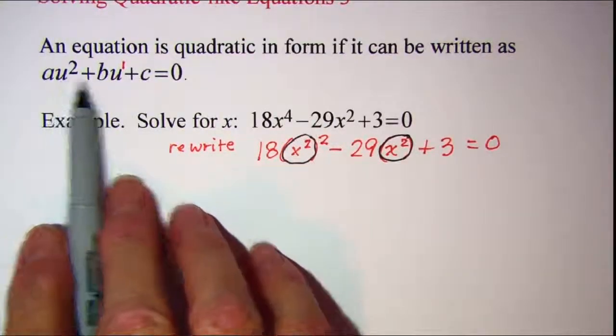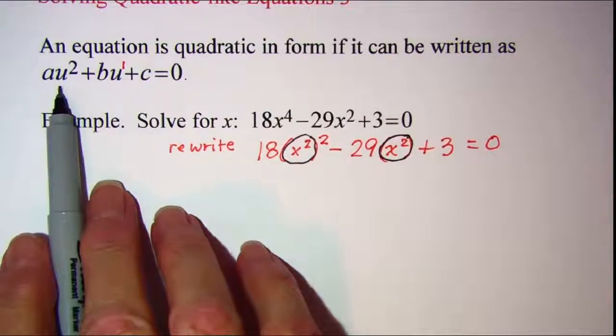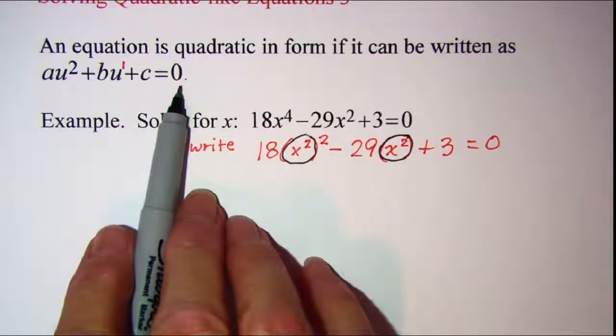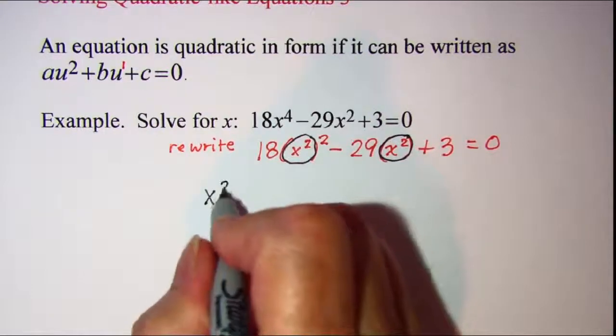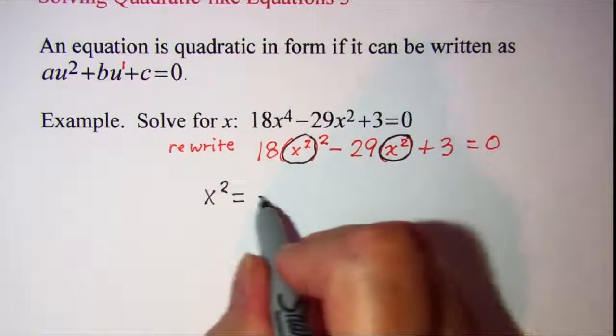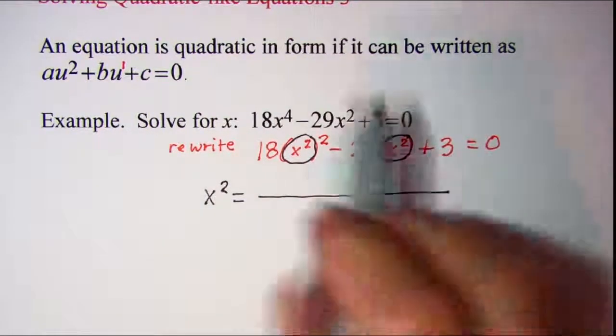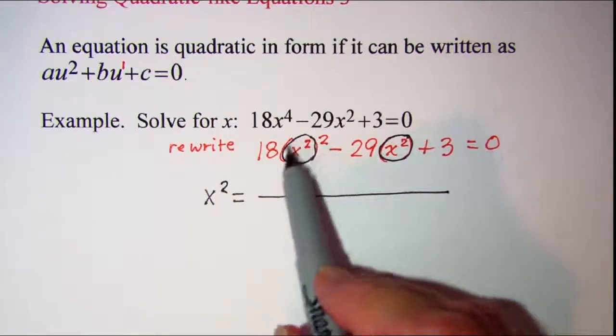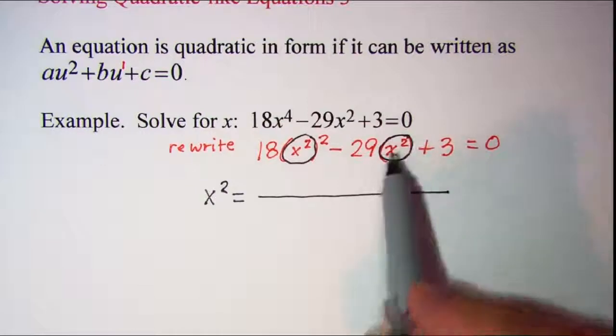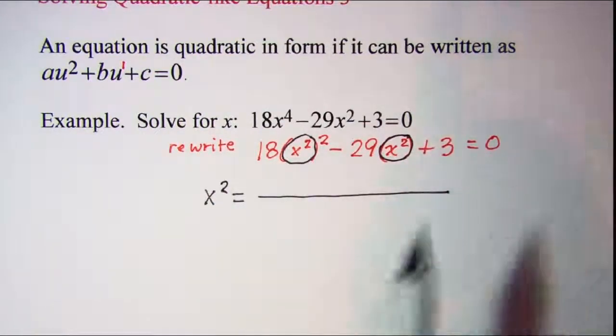Normally for this equation I would say u equals, and then my formula. But here I'm going to say x squared is equal to, because whatever this thing that's circled is, that's what's going to be over here.